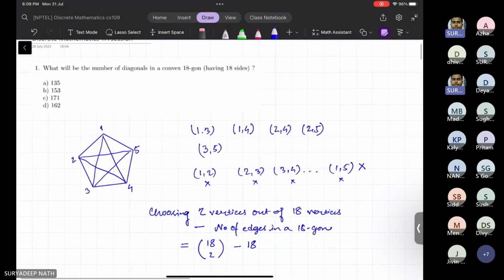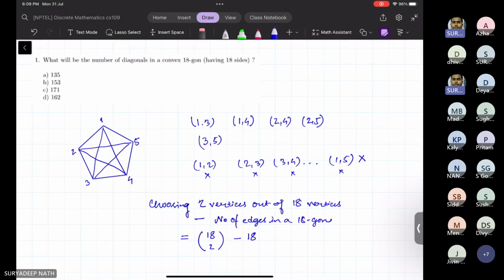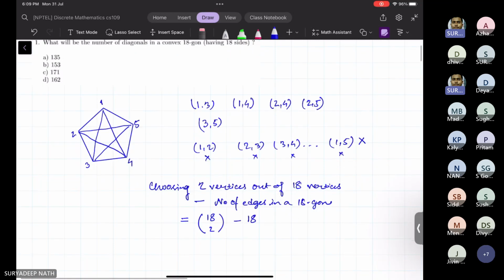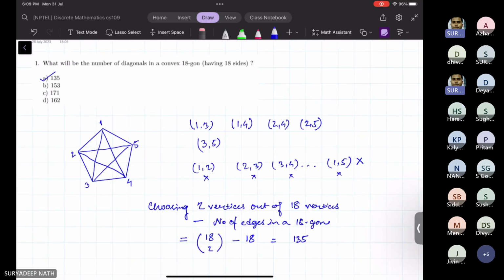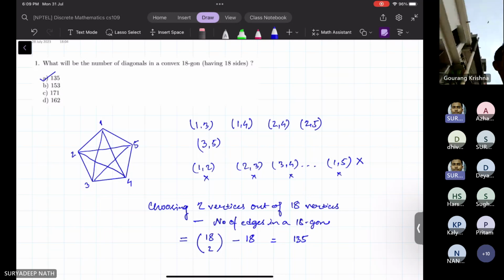This is the answer for the number of diagonals, and if you evaluate this, it turns out to be 135. So option A is the right answer for this question.